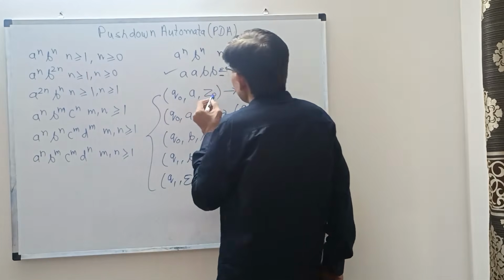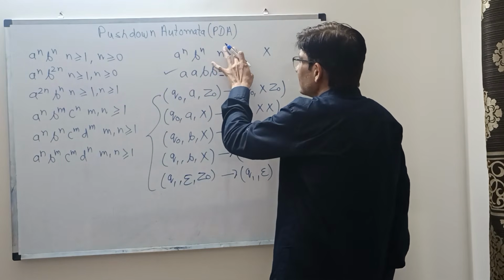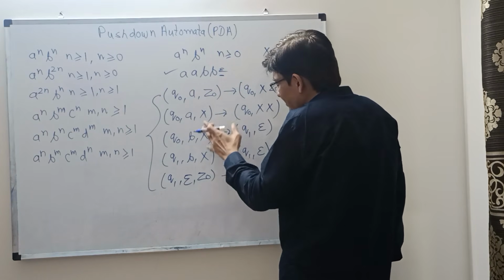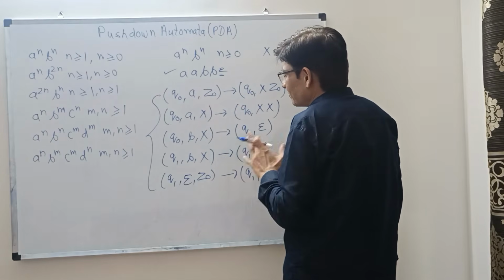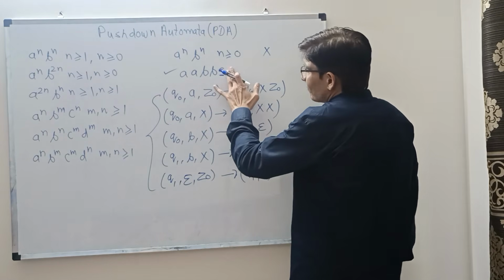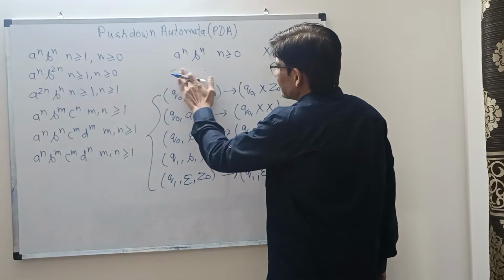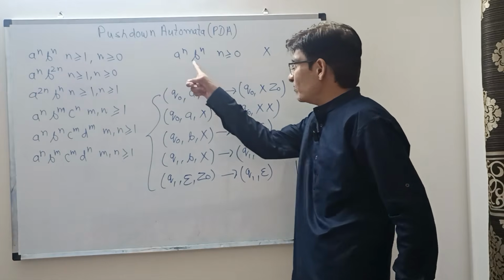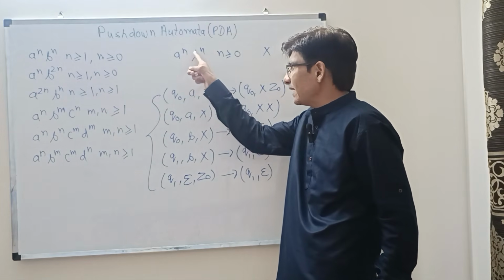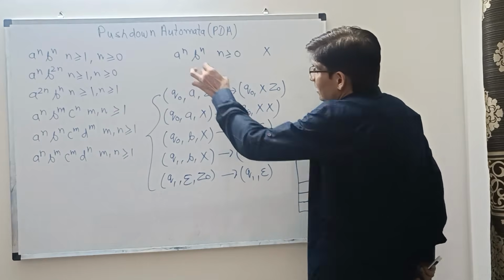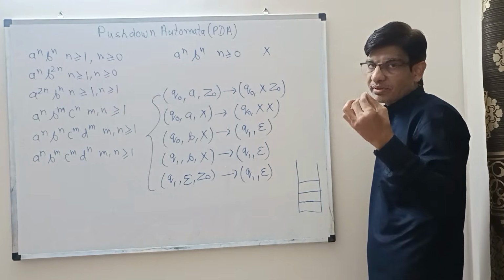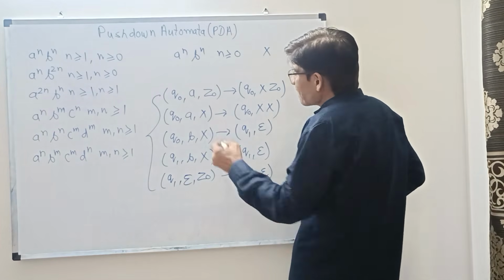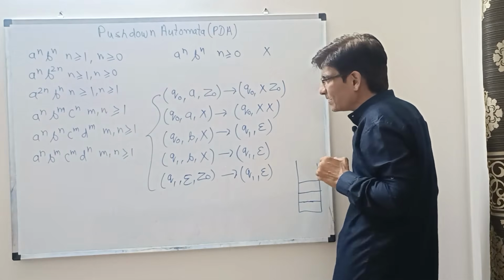Suppose in place of 1, if I make it 0, then what change do you need to make in this PDA? For a valid string, what would be the minimum string here? If the value of n is 0, then epsilon will be the minimum string, and in this case epsilon must also be accepted by the PDA.